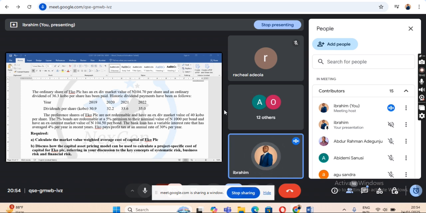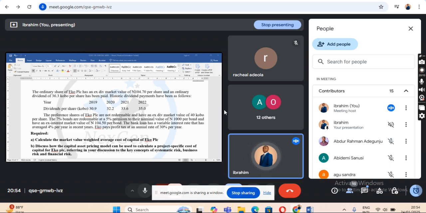And the ordinary dividend is 36 naira 3 kobo per share, which has been paid. They even mentioned it. Now, historic dividend payments.